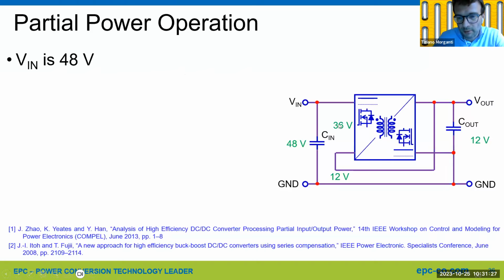So why we designed a 3-to-1 converter for a 48 to 12 volt operation? Because we are using this configuration. So the 3-to-1 converter is basically connected, so the input port is connected between the input voltage and the output voltage.